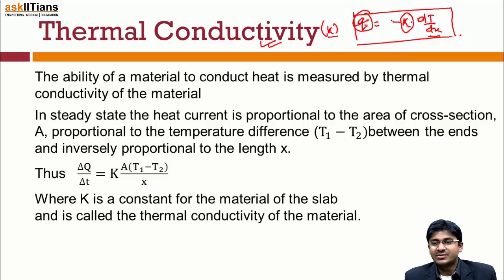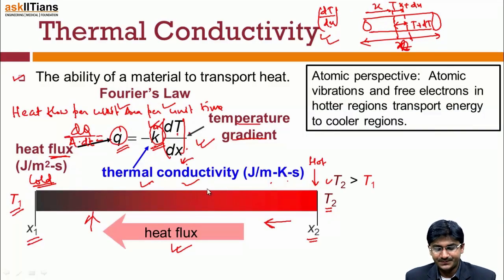Now why is this minus sign there? The minus sign is because if you increase the length, meaning if you go to x plus dx, and if this is the hot end and this is the cold end, the temperature actually decreases, right?